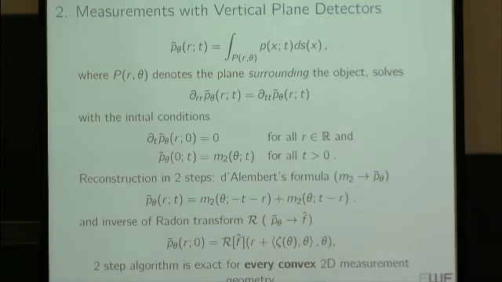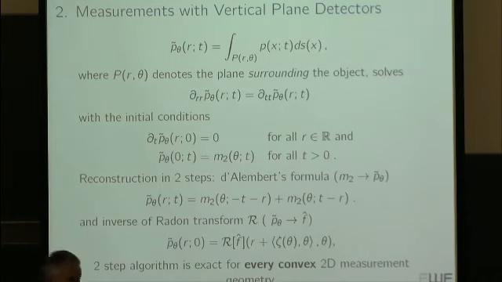And then now you can do reconstruction formulas. For the reconstruction, you first use D'Alembert's formula, and then you take a Radon transform to reconstruct the imaging function, this f hat, from the measurement data. So first D'Alembert's formula and then Radon transform.